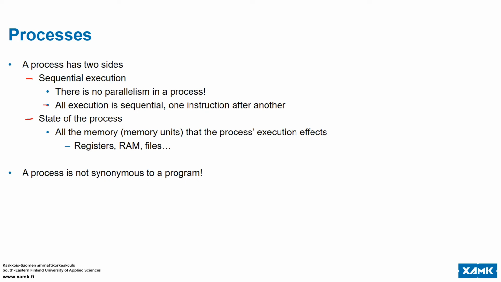Anyway, moving on. So the state of the process. By the state of the process, what I mean is all of the memory that one process, one program, needs to manipulate in order to be processed.